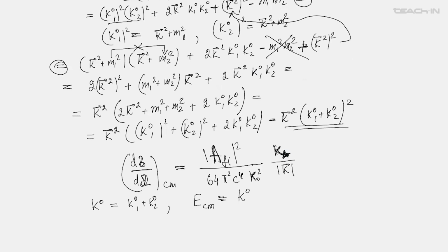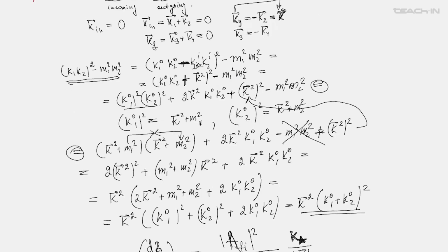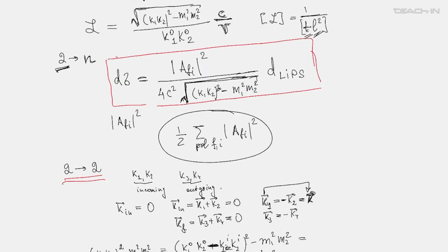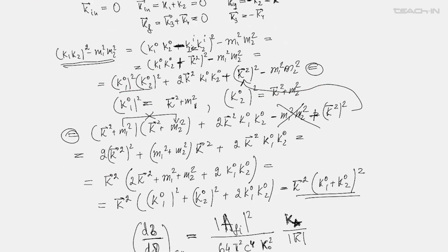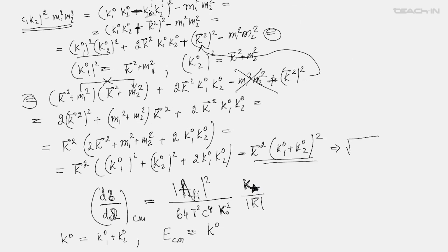You see, in order to compute the dσ, I have to take a square root. So taking the square root of what I have found, it follows that the square root of (k1·k2) squared minus m1 squared m2 squared gives simply the modulus of k multiplied by (k10 plus k20).